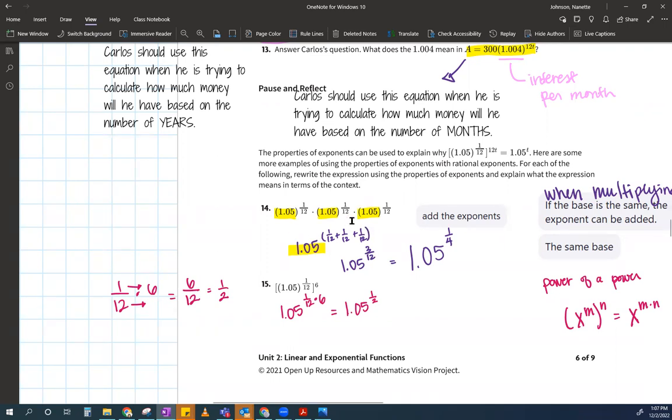This 12th right here, it tells me that I'm dealing with months. So this is the growth factor for 3 months of interest. Does that make sense? Yes, exactly. Because 12 months exactly equals a year. Perfect.